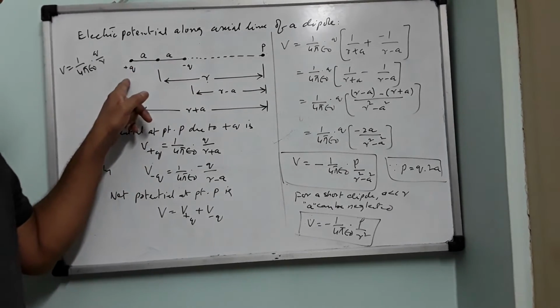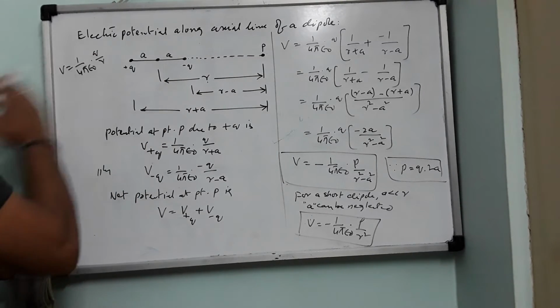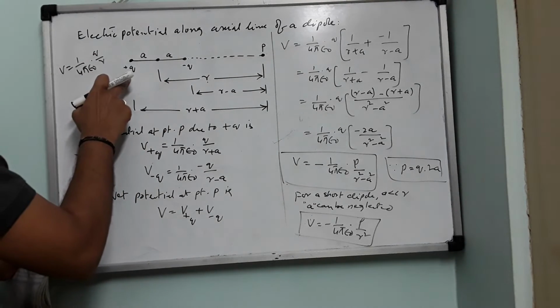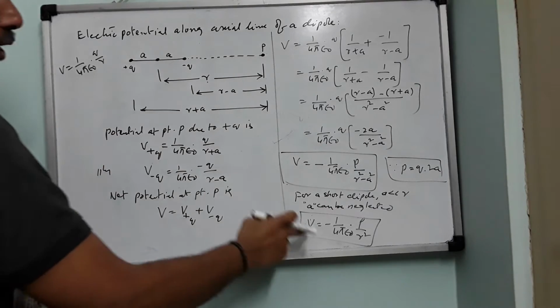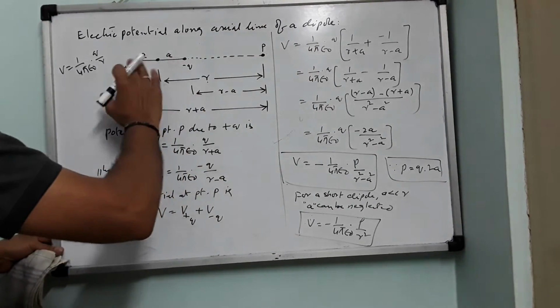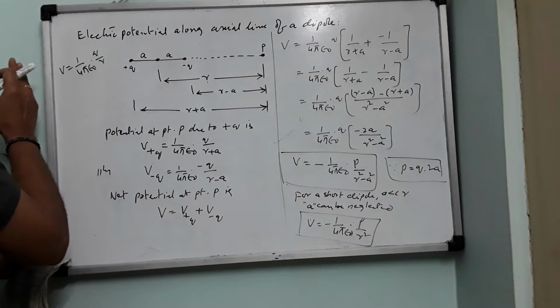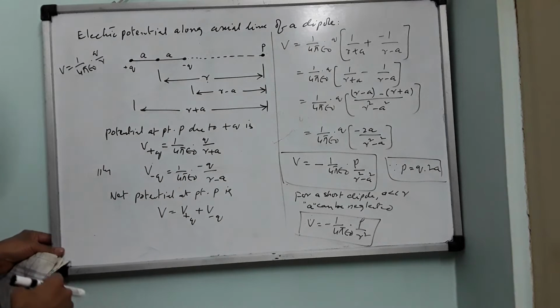Relatively plus q is away from P. If you shift this point P towards the left of this dipole, plus q will be closer than minus q, and your answer is going to be positive. So on the right side of this system, potential is negative. On the left side of this system, potential is going to be positive.